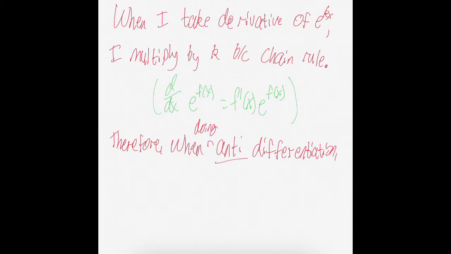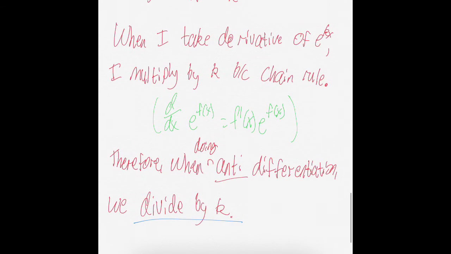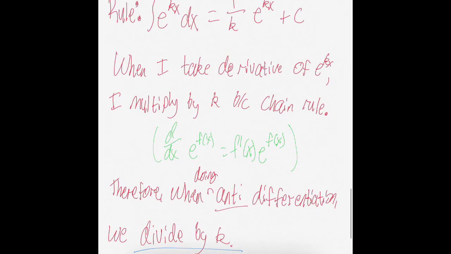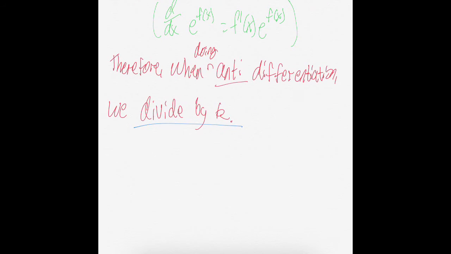Therefore, when anti-differentiating, going backwards, we do the opposite of multiplication, and we do division. When doing anti-differentiation, we divide by k.